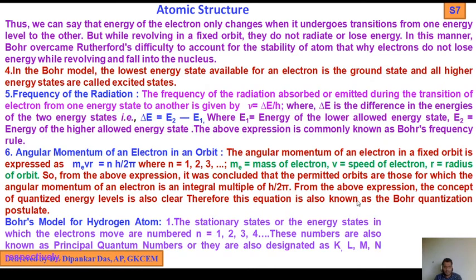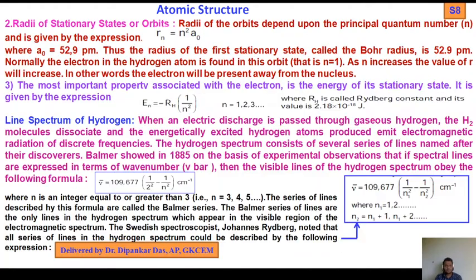These numbers are also known as principal quantum numbers, and they are also designated, as you know from class 10 level, K, L, M and N shells. We will discuss that there are 4 types of quantum numbers: principal quantum number, azimuthal quantum number, magnetic quantum number and spin quantum number. So n equals 1, 2, 3, 4 is known as the principal quantum number, also designated as K, L, M, N. Next, move on: radii of stationary states or orbits.